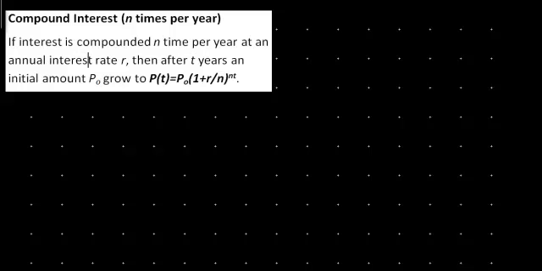Now we're going to do compound interest n times per year. Now the difference here, so let's say we got 500 bucks at 6% compounded monthly.